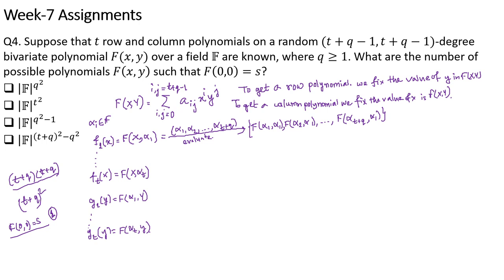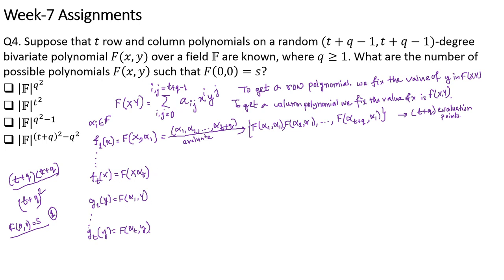So each row polynomial will help us to see a total of t plus q evaluation points. The corresponding values at these many evaluation points are known.